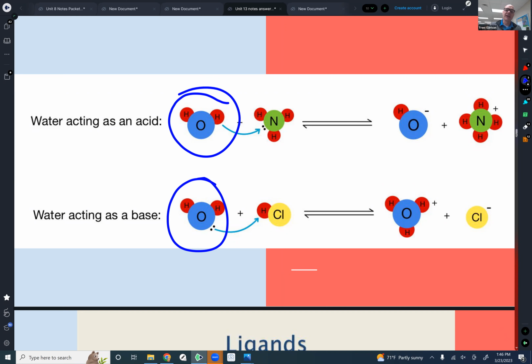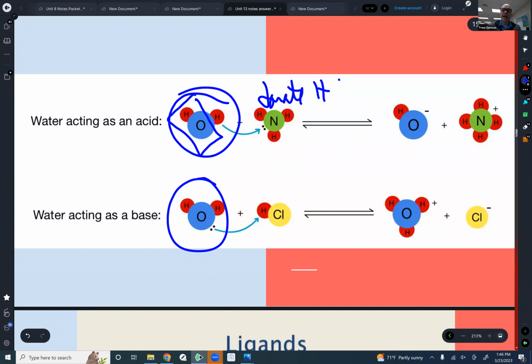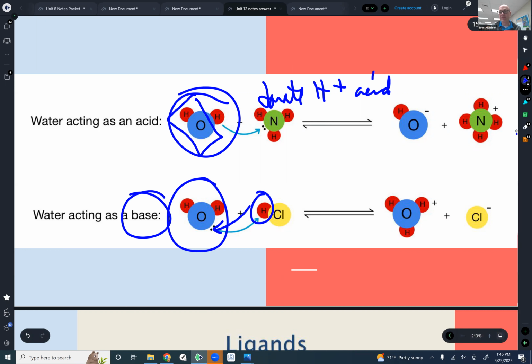In this case, the hydrogen leaves the water. It donates the H, and that makes it an acid. But in the other example, it's acting as a base. It is stealing the hydrogen. The hydrogen is being added to it, and therefore it is acting as a base. It is accepting the hydrogen.